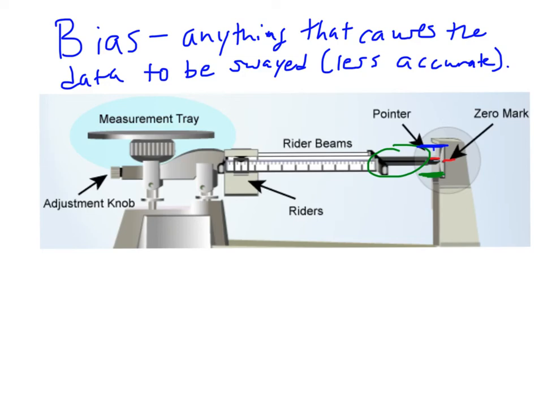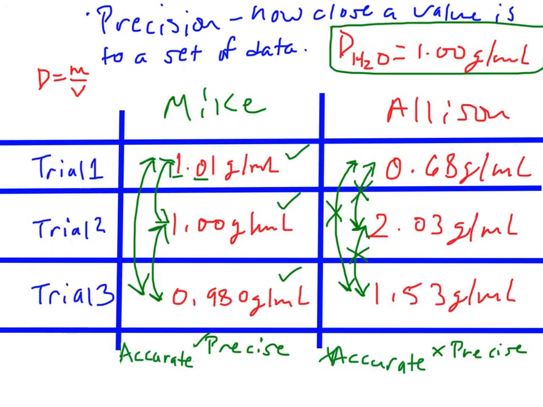So all of your results would appear to have more mass than they actually do. Let's go back and look at Allison's results for a second. Remember, she was not accurate or precise. Her data is all over the place, and there is a reason for that. When Allison writes up her report over her experiment, she needs to give some possible reasons why her data is nowhere close to each other.